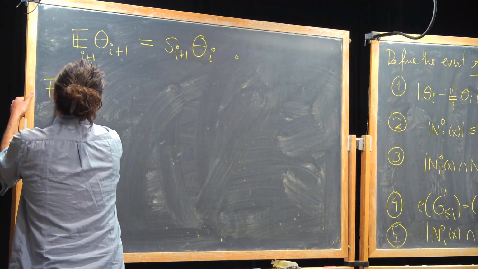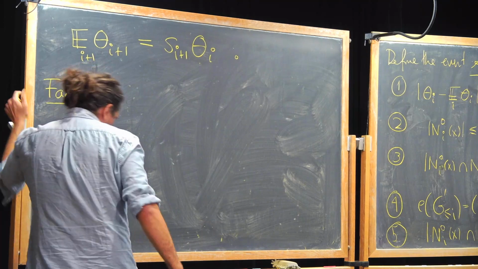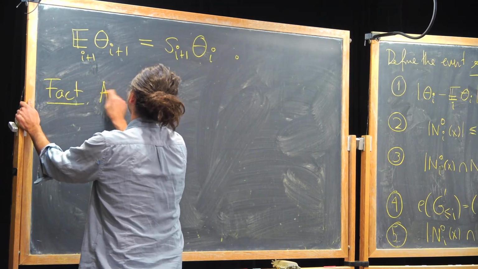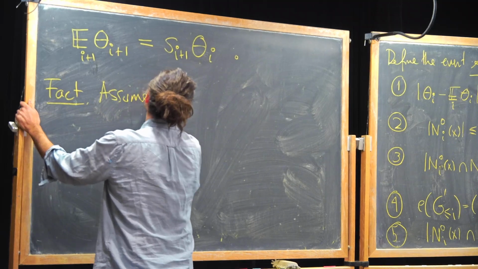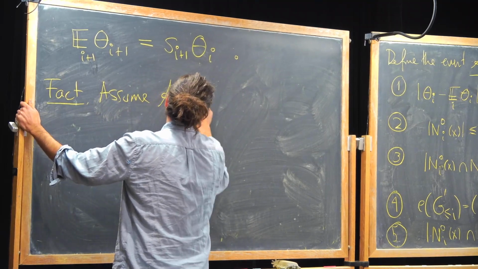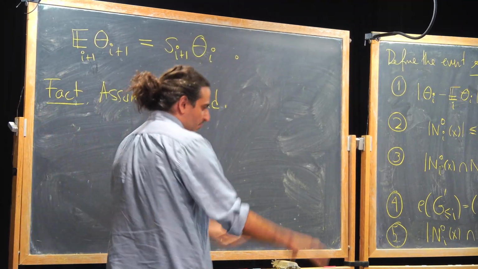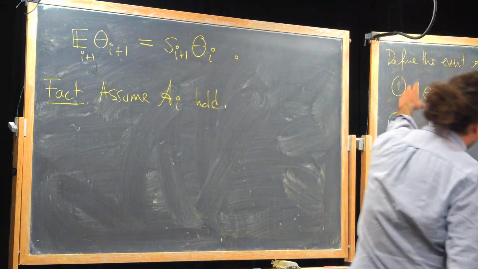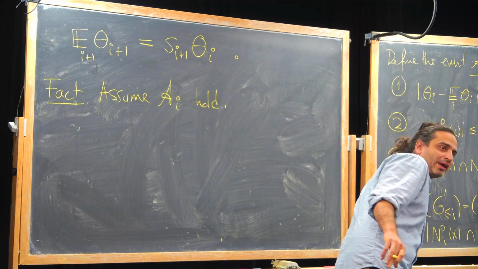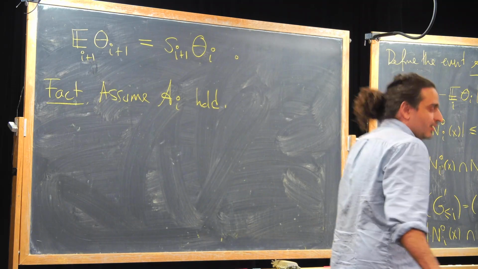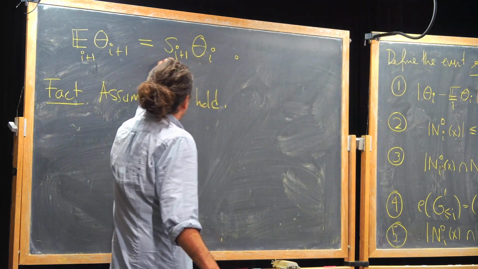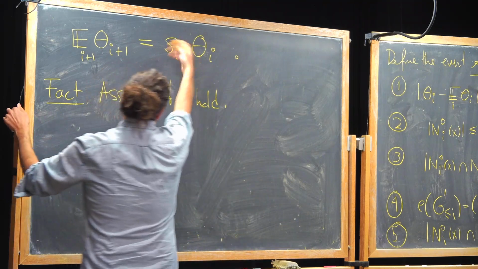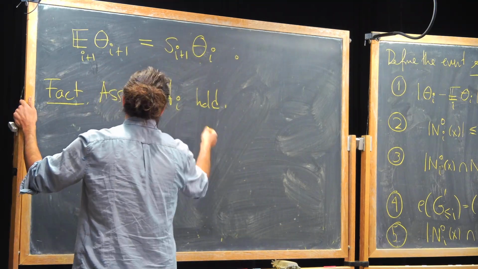Now here's where things get a bit more interesting. Assume that A_i holds. So again, we're standing at step i, and this graph, I promise you, satisfies these nice well-behavedness conditions. I'd like to say something about S_{i+1}, the number of edges that get lost at that stage, or survive at that stage.